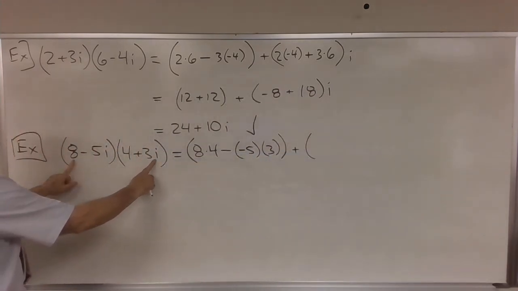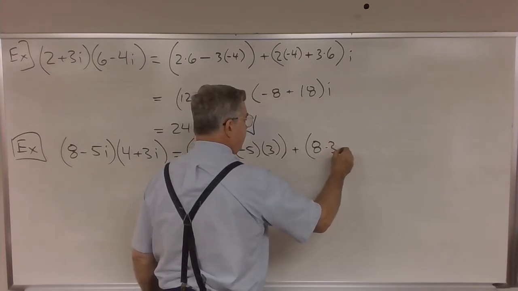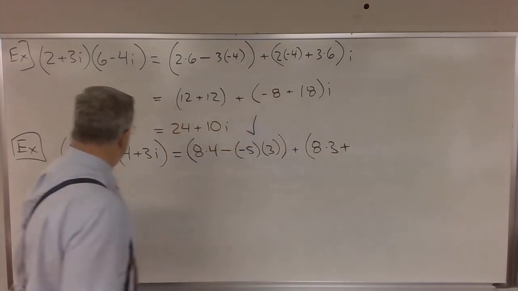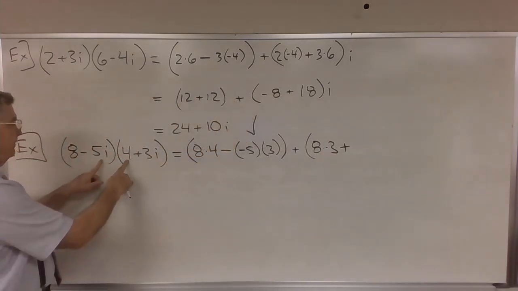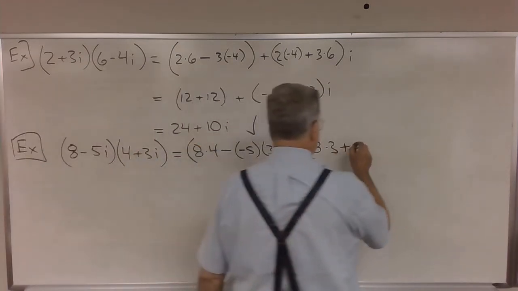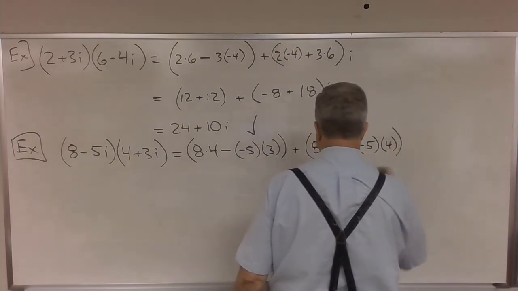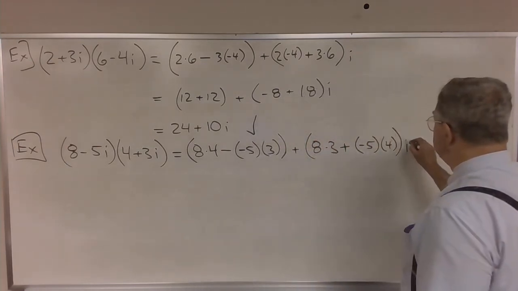We do the outers, 8 times 3, plus the product of the inners, -5 times 4, times i.